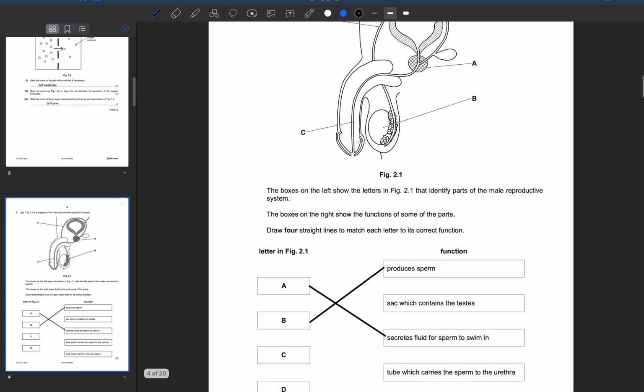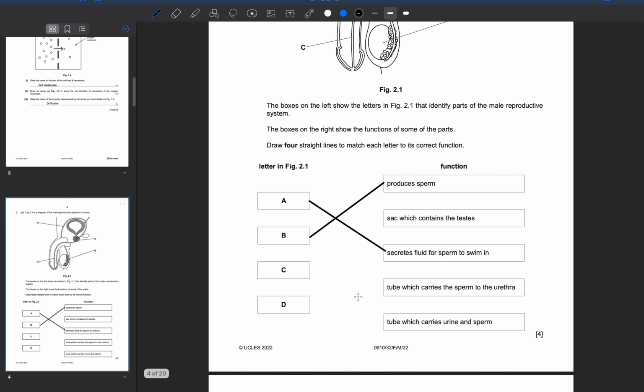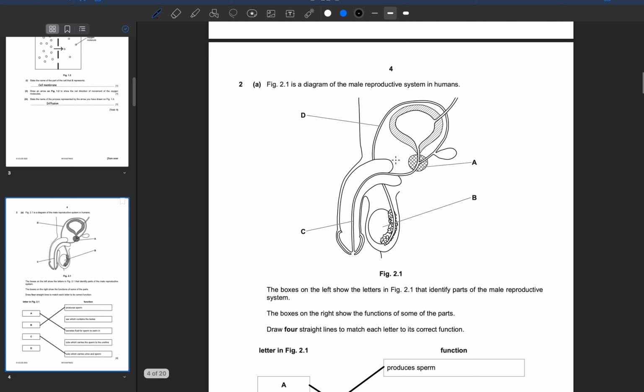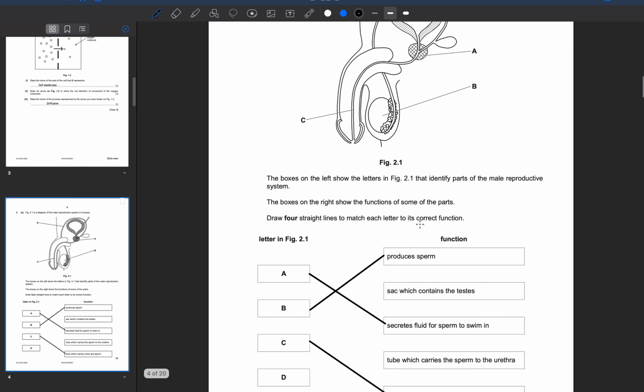C is the tube that carries urine and semen, which is the urethra. Here I have sac which contains the testes. No, it's not the scrotum. It's the tube which carries the sperm to the urethra, which is the sperm duct. This is the sperm duct.